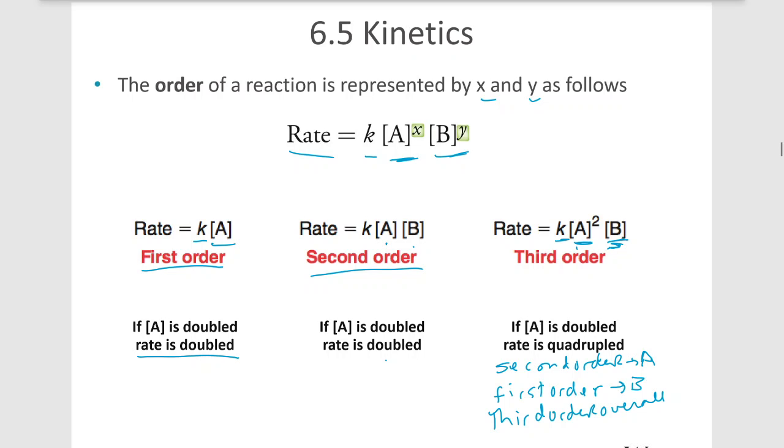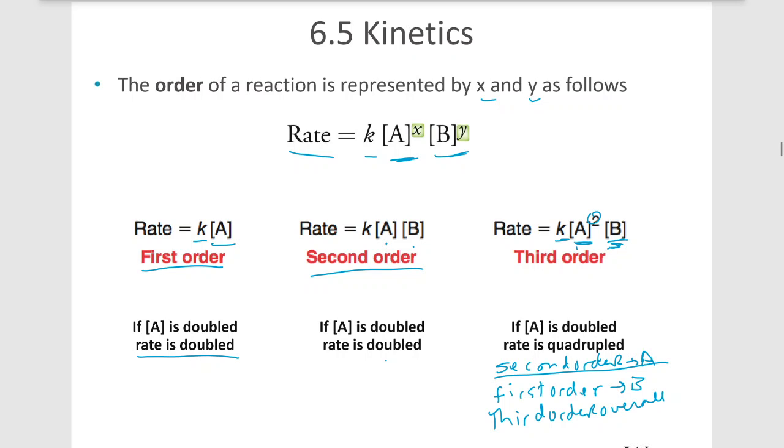And you may see that in some questions outside the book, or maybe even in Wiley Plus. So it's important to understand that this is second order with respect to A, which means that if you double A, you quadruple the rate. For example, if A started out at a concentration of 2 moles per liter, then if you double that, 2 squared is 4, right?